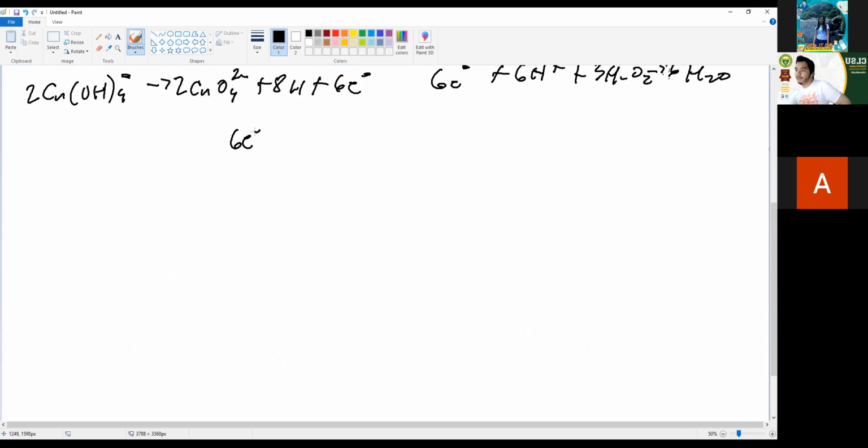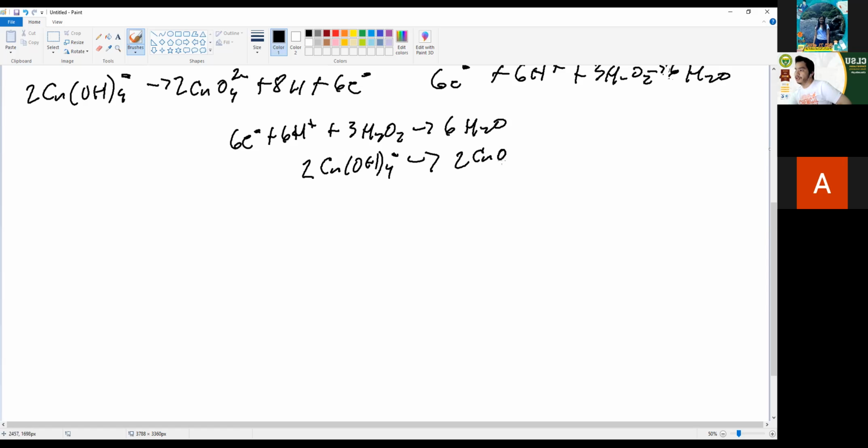So, 6 electrons plus 6H plus 3H2O2 will yield 6 water. Tapos dito, 2CrOH4 negative will yield 2CrO4 2 negative plus 8H plus 6 electrons.